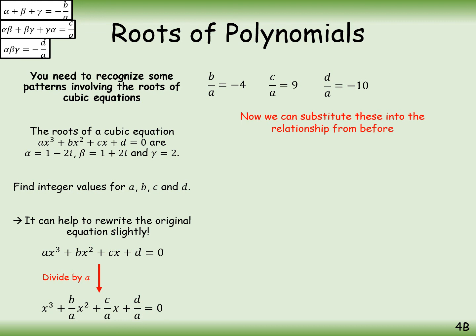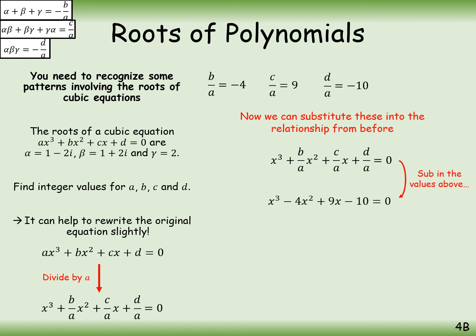We could just substitute this into the relationship from above. So if we could just replace b over a with minus 4, c over a with 9, and d over a with minus 10. So we see the values of a, b, c, and d. A is 1, b is minus 4, c is 9, d is minus 10.